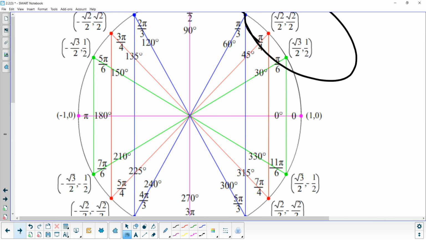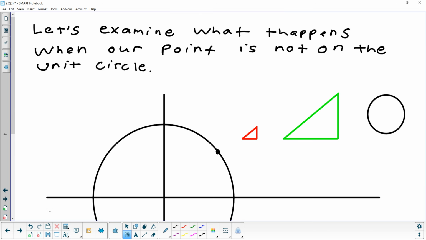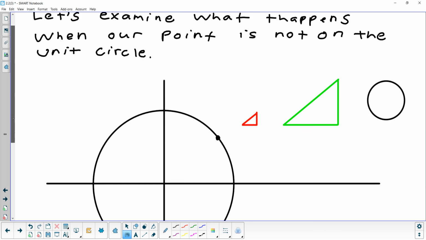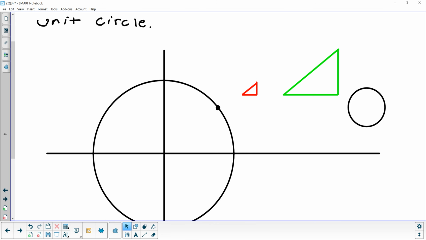All right. So let's take a look at this. Everything we've done so far has always been on the unit circle. So let's pretend that this circle right here is my unit circle, and this is what we've been doing all week. Now, let's pretend that we have a bigger circle.